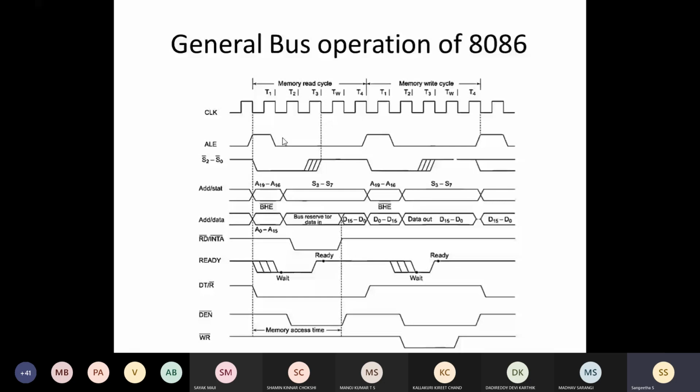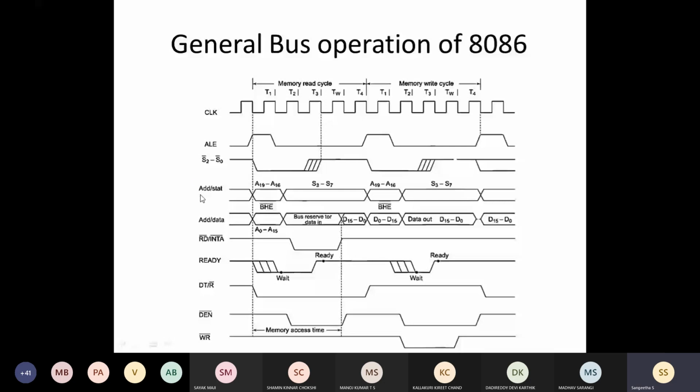Similarly for the write operation, at the start it is going to transmit the address. I told you it is going to distinguish the address and data bus. So you have two multiplexed lines: here you have address and status, and here you have address and data.